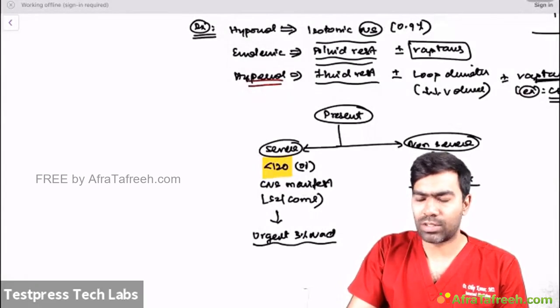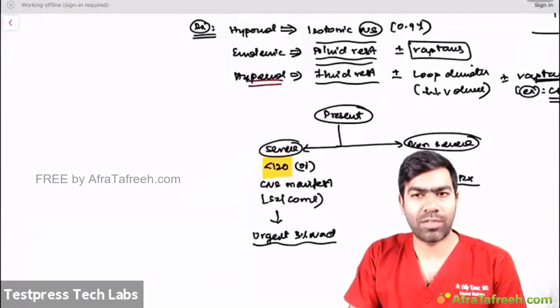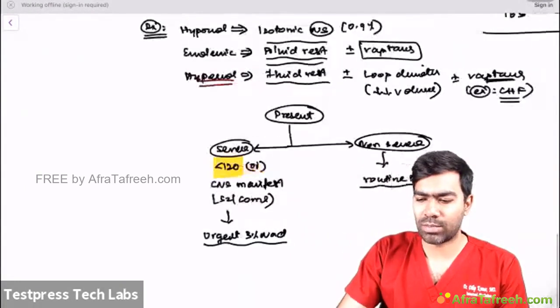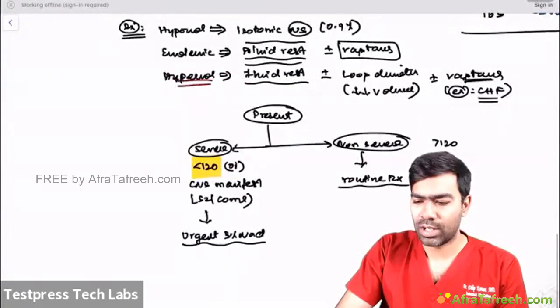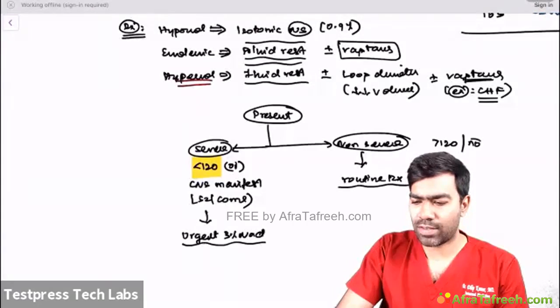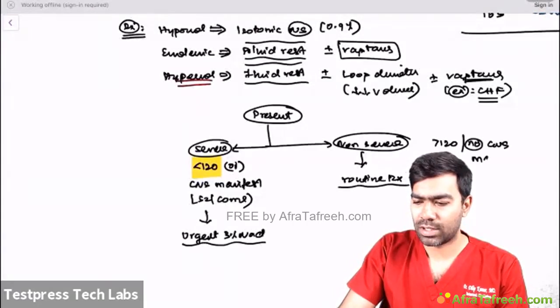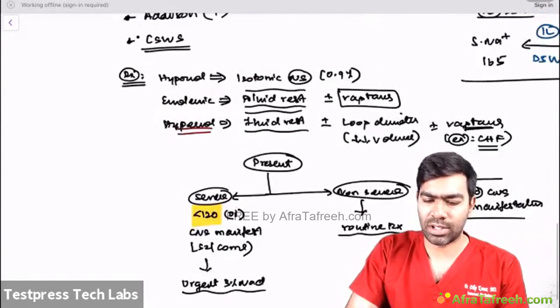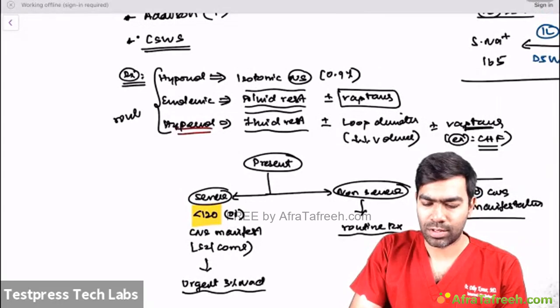I'm only telling this for exams, but there are a lot of intricacies within this in real-time management. But as far as exams are concerned, routine means if the serum sodium is more than 120, or if the patient is not having any CNS manifestations, then your routine management will do. Routine management means this is the routine management you're talking about.